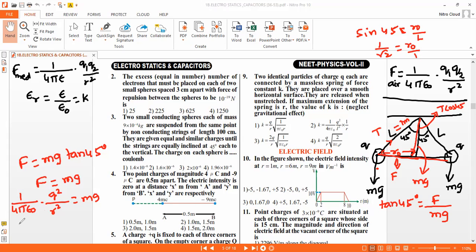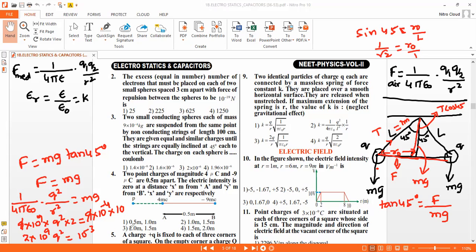So 9 into 10 power 9 q square into 2, and the mass of each sphere is 9 into 10 power minus 4 kg, that is 9 into 10 power minus 4 times 10. That is 2 times 10 power 9 q square is equal to 10 power minus 3.